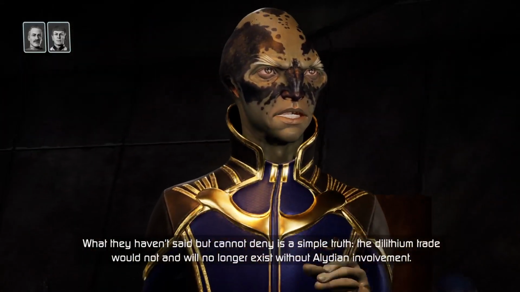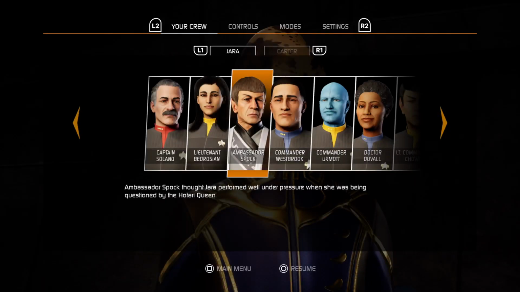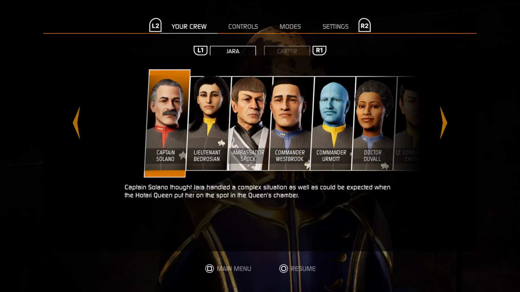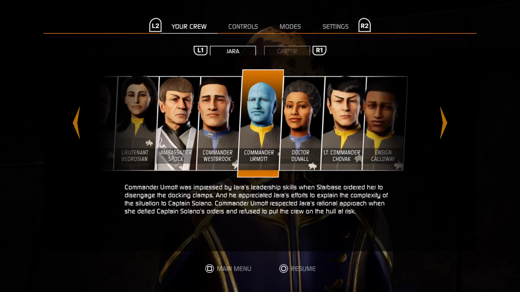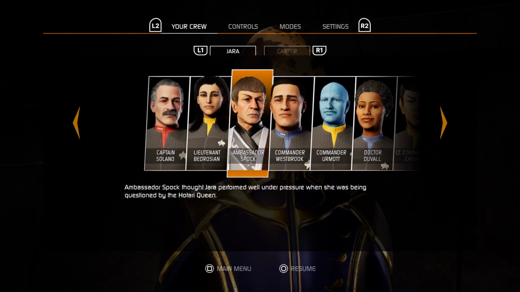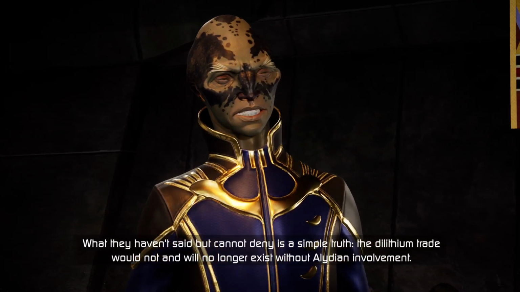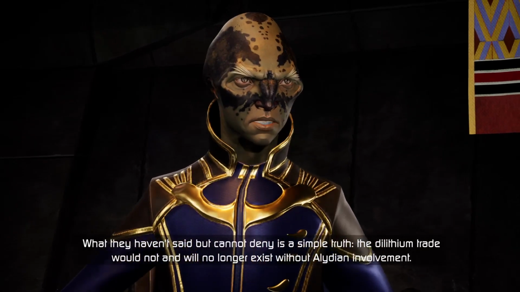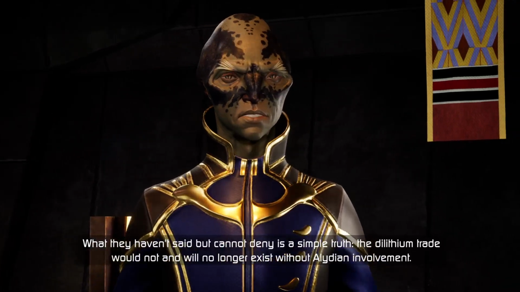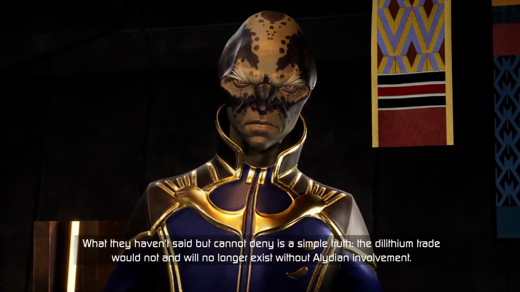What they haven't said, but cannot deny, is secret. The dilithium trade would not and will no longer exist without the Lydians involved.